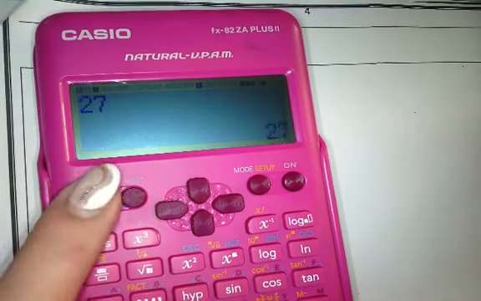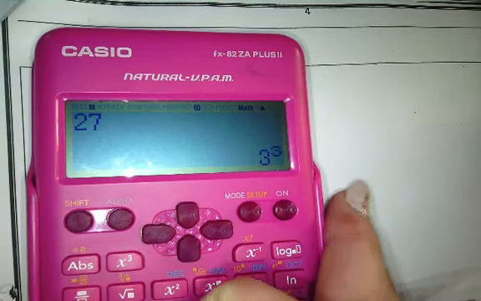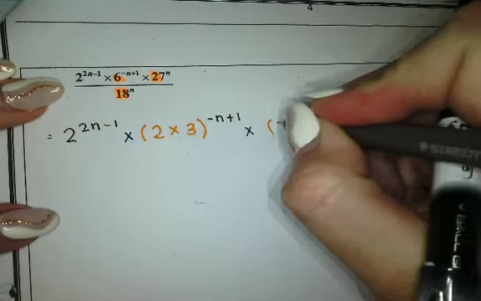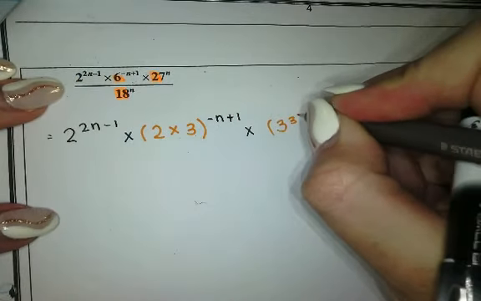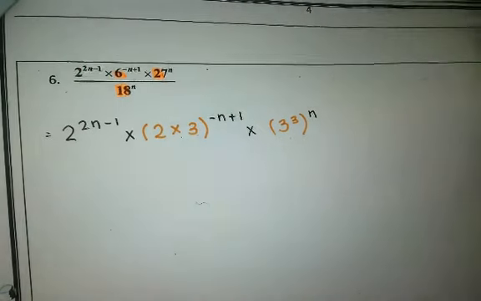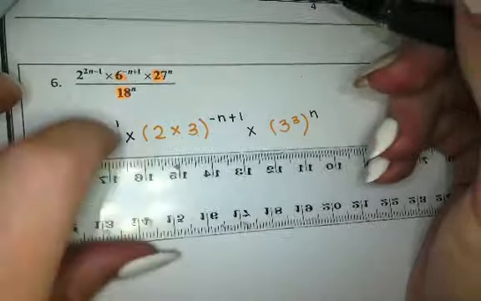And the 27 is also a problem, so 27 equals, shift factor, 3 to the power of 3 in brackets. So 3 to the power of 3, and that's all to the power of n.